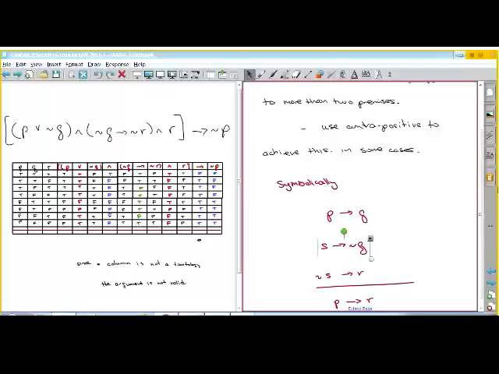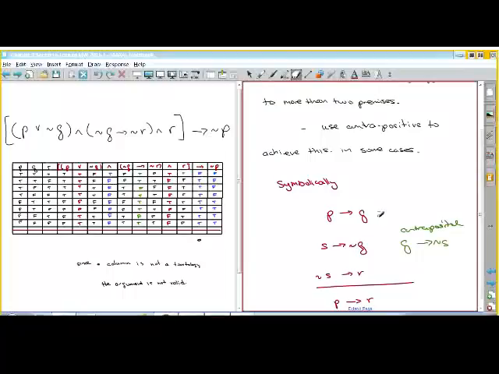So I could take the contrapositive of this statement, where you switch the S and the Q, and you make the ones that weren't negated negated, and the ones that were negated non-negated. So the negation of a negation is just that. So this is the contrapositive.